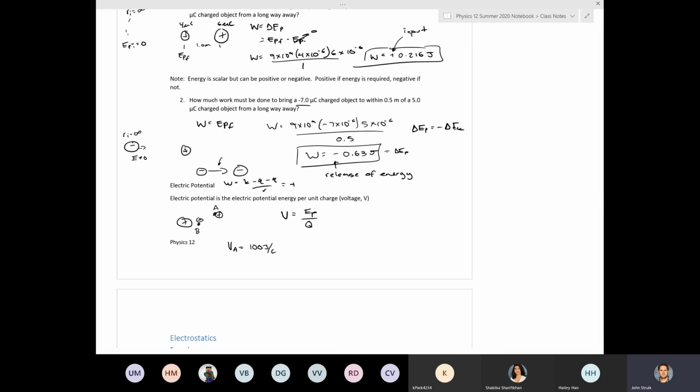Then if I brought a charge to point A, and let's say that charge was 1 coulomb, then that charge would have 100 joules of energy associated with it. Because it's in the field that's creating the electric potential, which is big Q, okay?